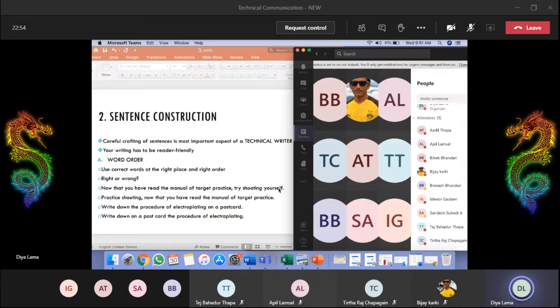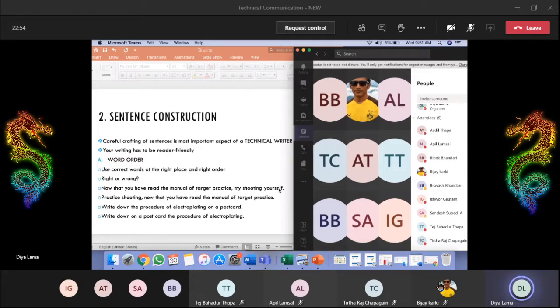So try shooting yourself भनेको आफुलाई हान भने जस्तै भयो नि. So obviously this is not correct, this is incorrect. So the writer has not placed the words in the correct order.